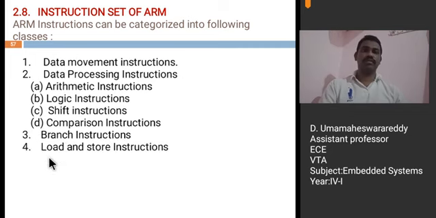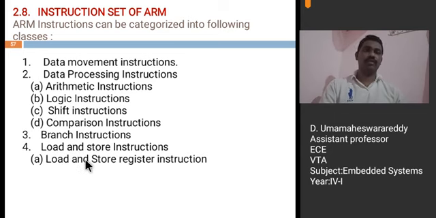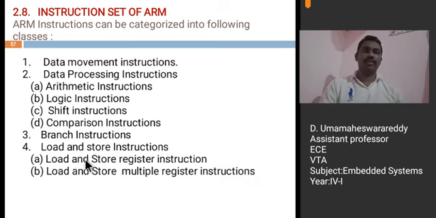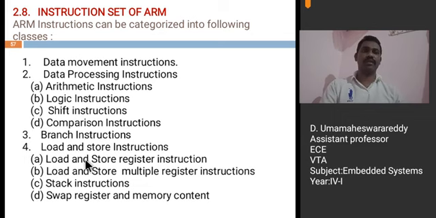Next, load and store instructions. In load and store register instructions, load and store multiple register instructions, stack instructions, and swap register and memory content instructions. These are all under load and store instructions.